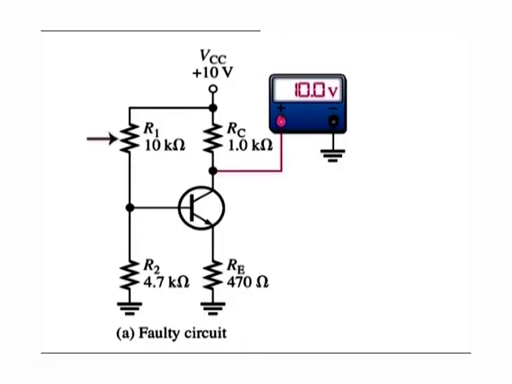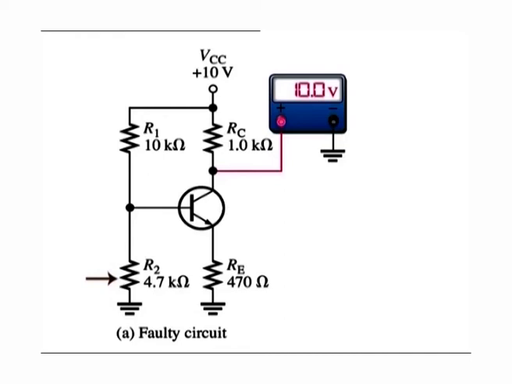Fault 1, resistor R1 open. This fault removes the bias voltage from the base, thus connecting the base to ground through R2 and forcing the transistor into cutoff because VB is equal to 0 and IB is equal to 0 amperes.